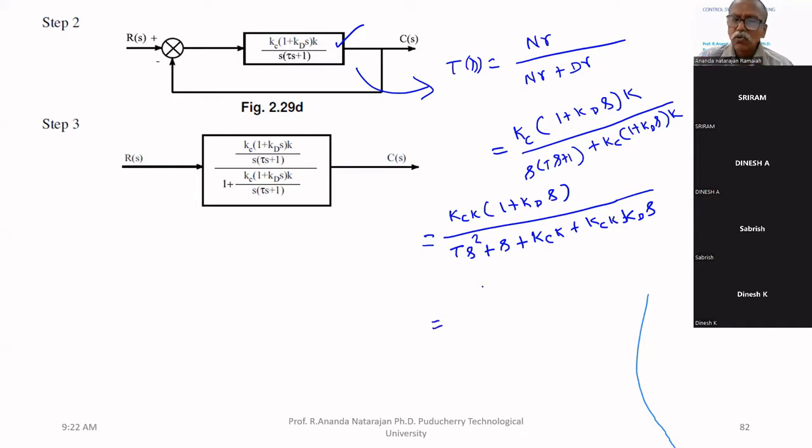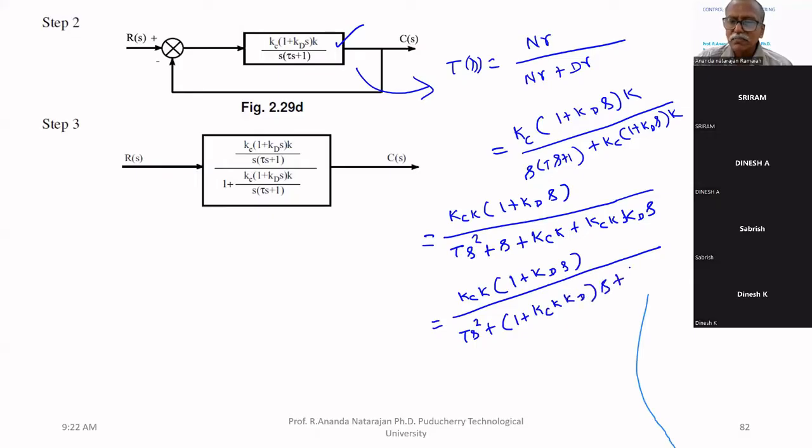If you group S together, what you will get? Kc K (1 plus KD S) upon tau S square plus (1 plus Kc K KD) multiplied by S plus Kc K. That is equal to, if you divide this by tau, what you will get?